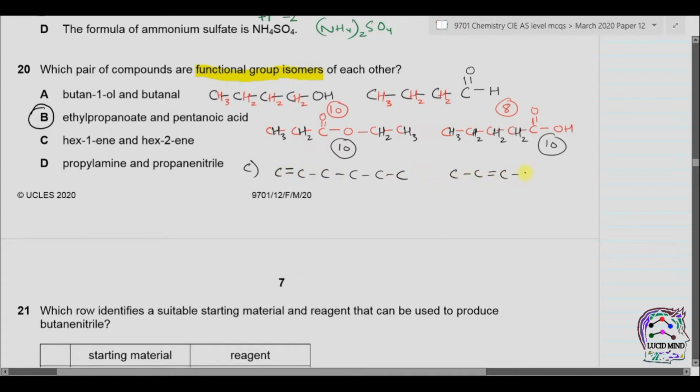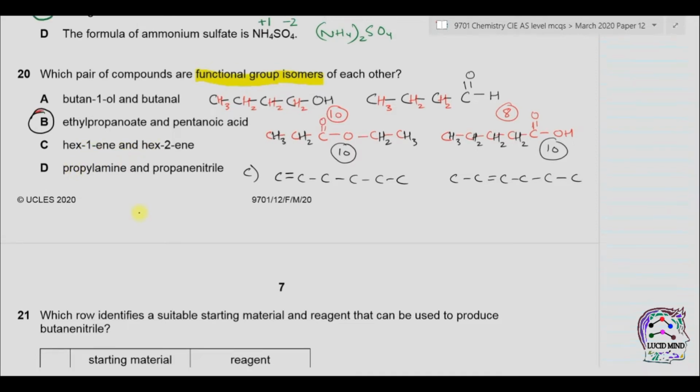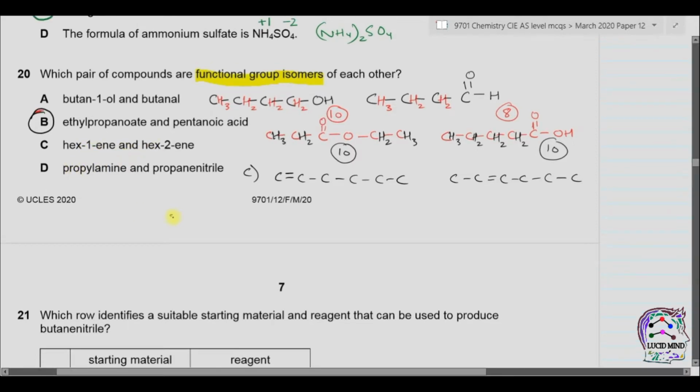And hex 2-ene means that the double bond is in between carbon 2 and carbon 3. As the functional group in both of them is the same, they are not functional group isomers, they are actually the same alkene compound. D is propylamine.